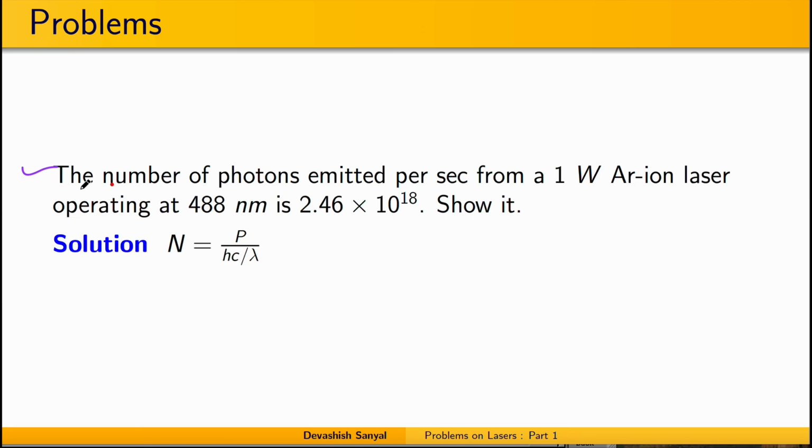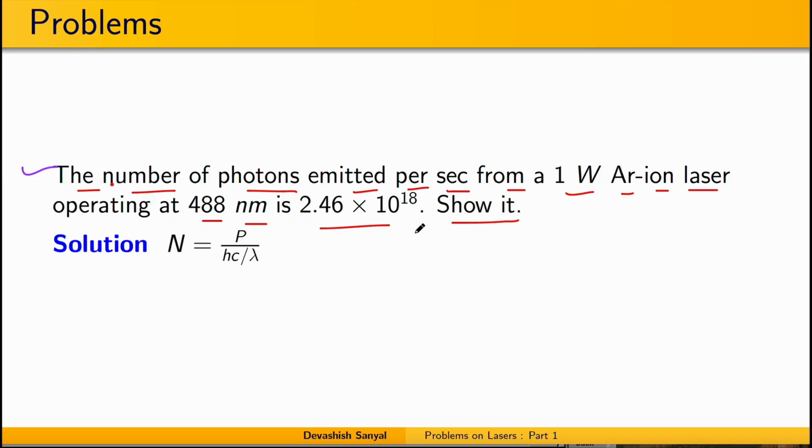The first problem is: the number of photons emitted per second from a 1 watt argon ion laser operating at 488 nanometers is 2.46 into 10 to the power 18. We have to show it.